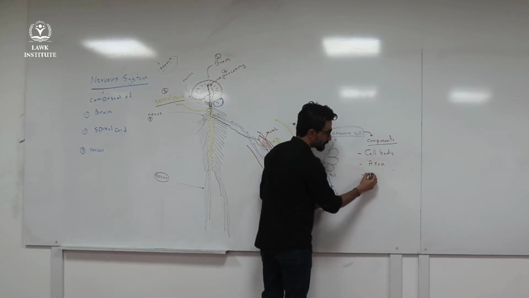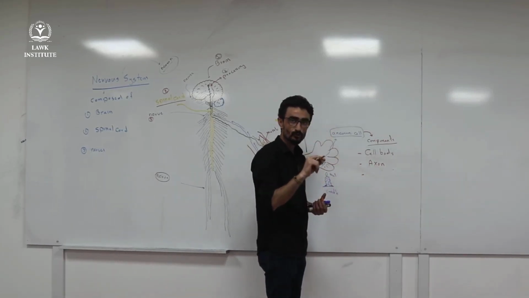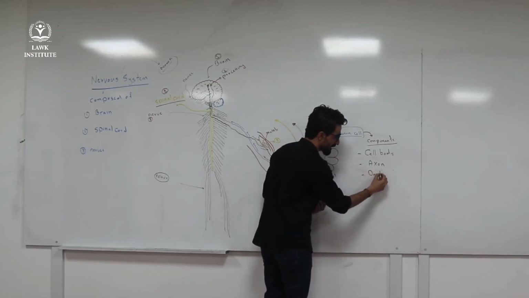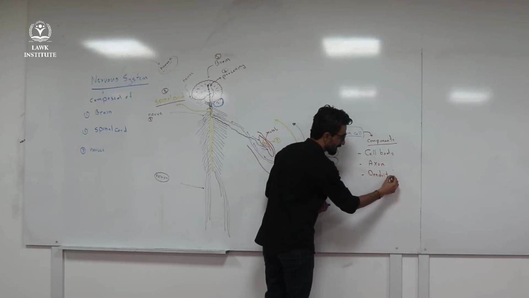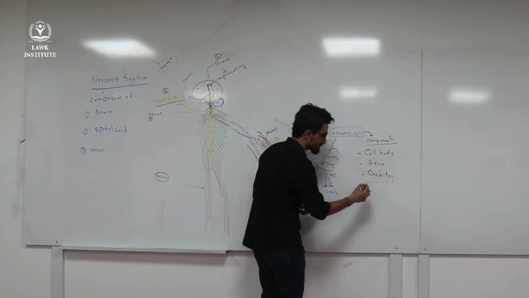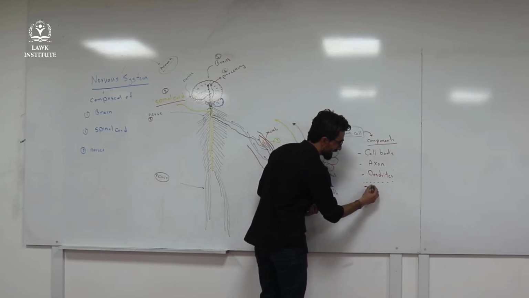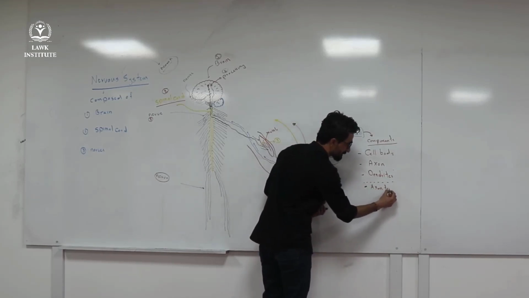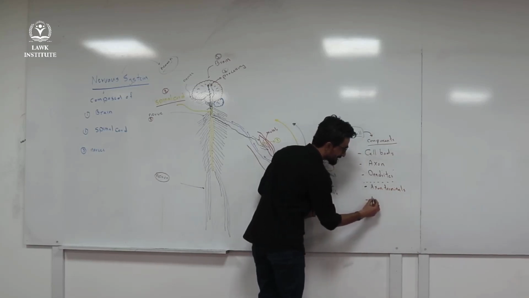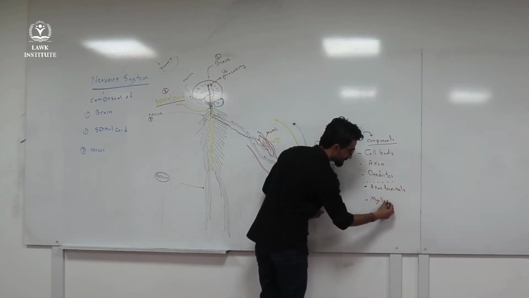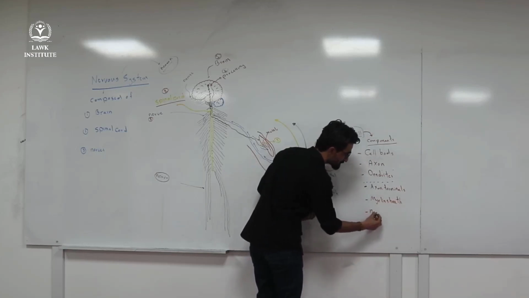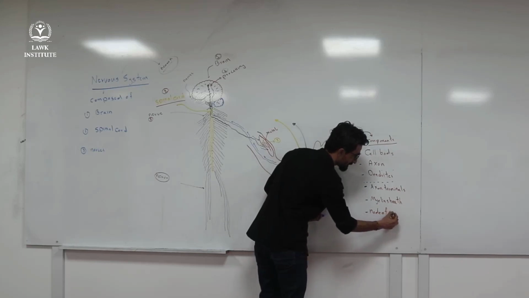And thirdly, we have many but short extensions from the cell body known as dendrites. And finally, we have other components like axon terminals, myelin sheath, and node of Ranvier.